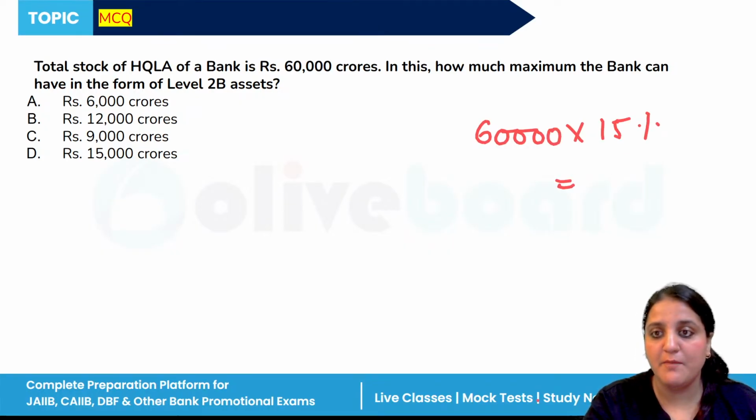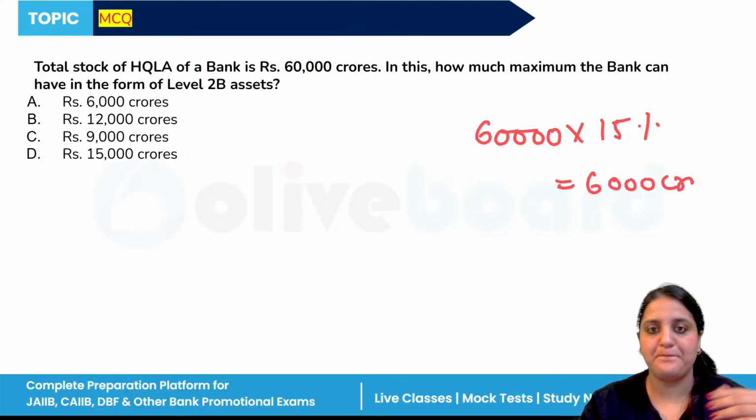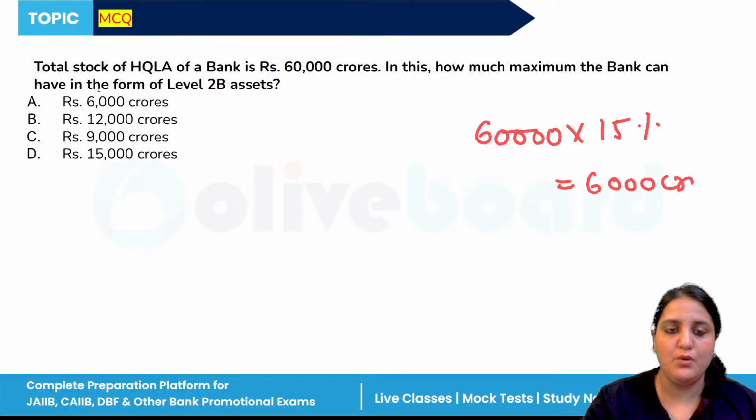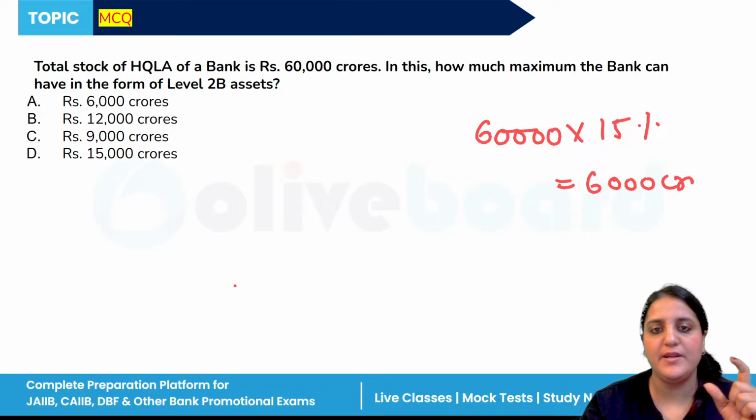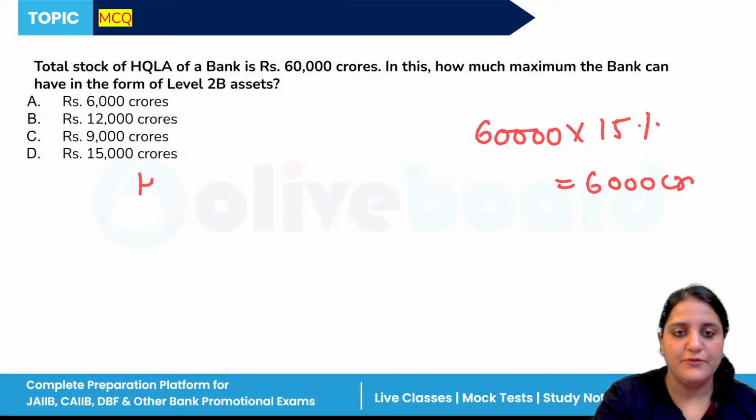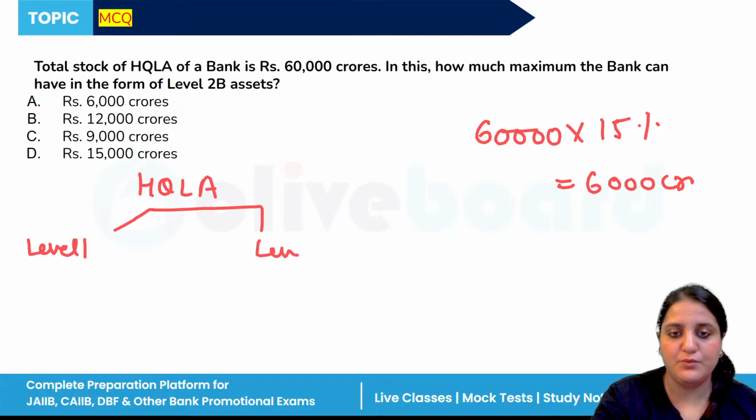Now, if I give you the overview of this HQLA, these HQLAs are the high quality liquid assets, which are divided into two levels. Level 1, level 2.